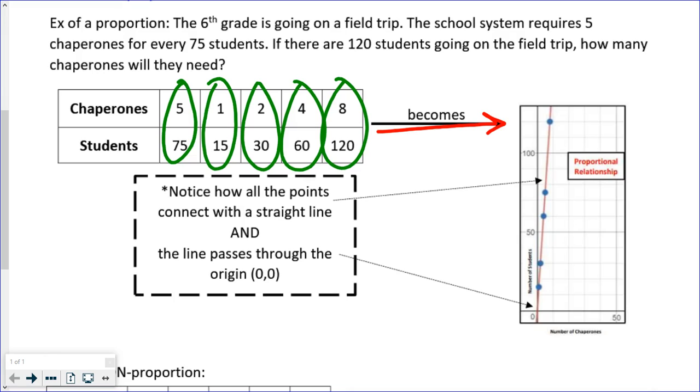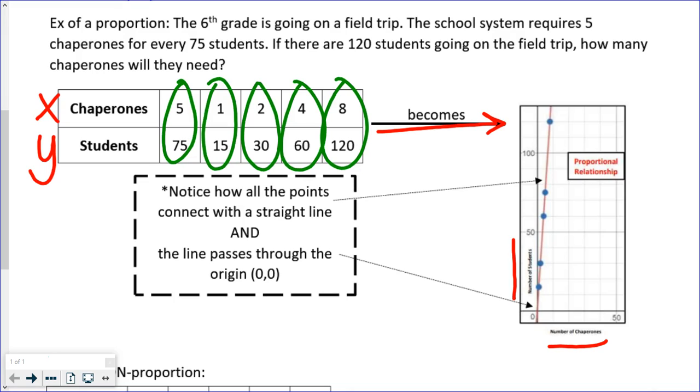The nice thing about this graph, if you can see it on your paper, it tells us number of chaperones on bottom, number of students on top. So chaperones is our x value, students is our y value.